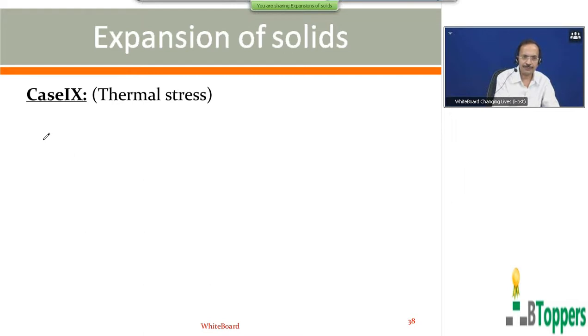Suppose you consider a uniform metal wire placed between two rigid supports S1 and S2.